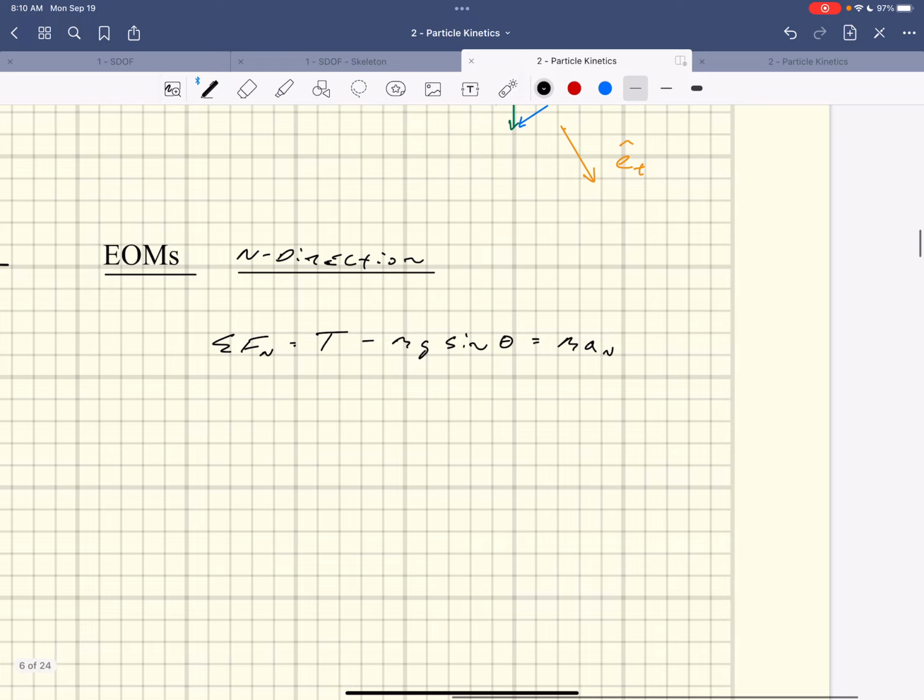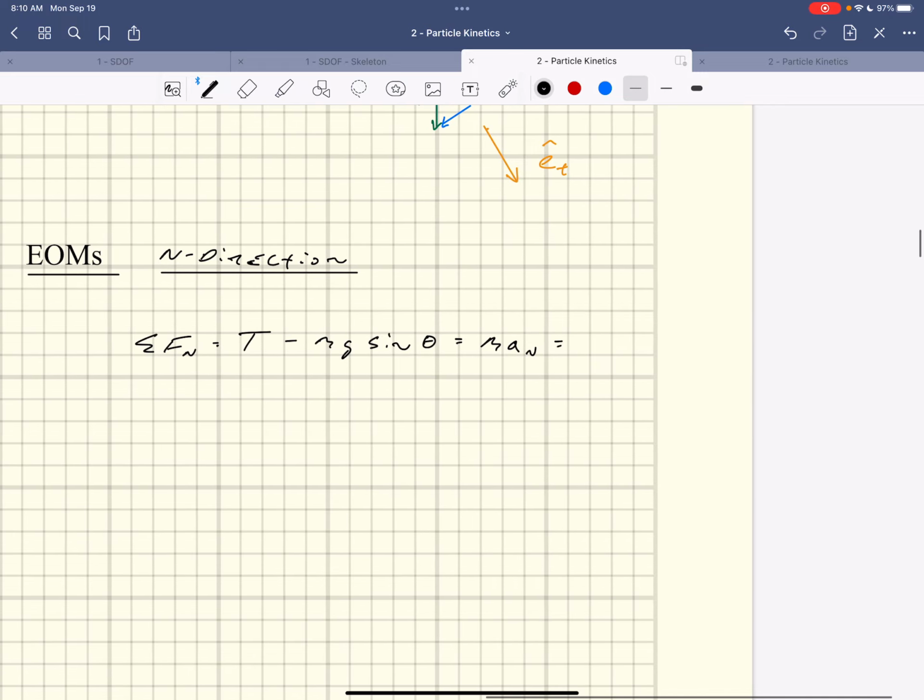And the acceleration in the n direction could be written a couple different ways. It could be mass times velocity squared over r, or rho, I guess, is the way we're writing it here. Or it can be written as m rho omega squared. You could use either form of those things.